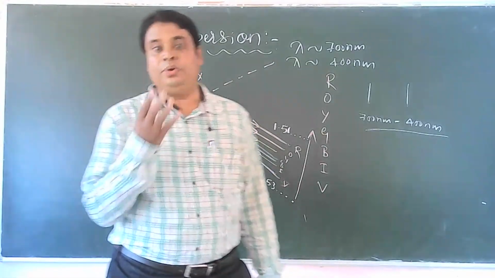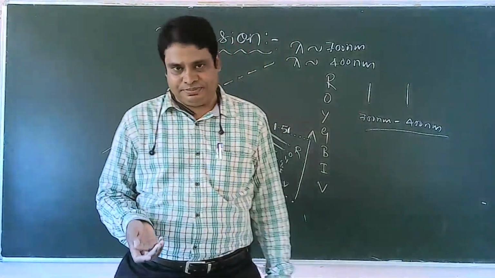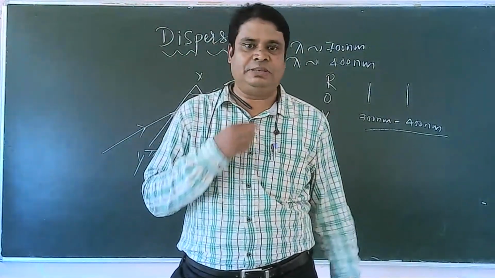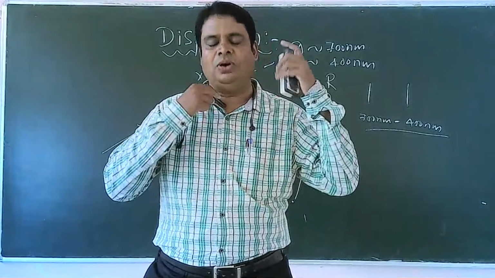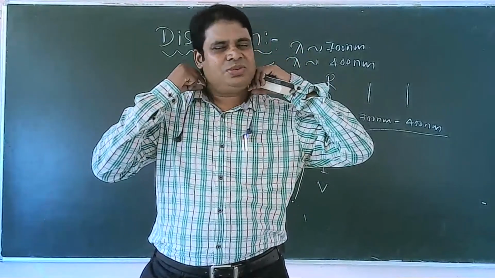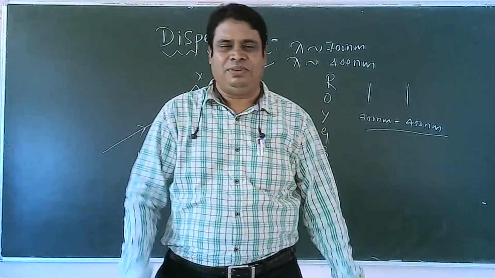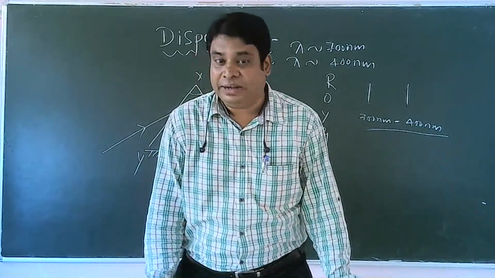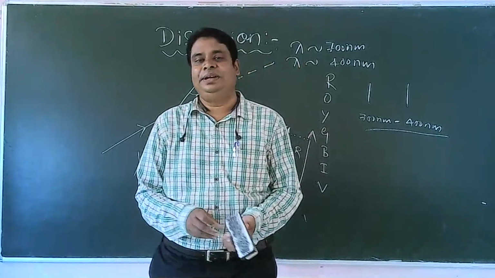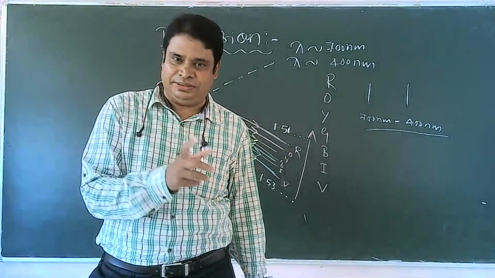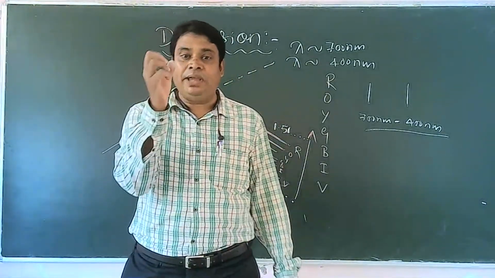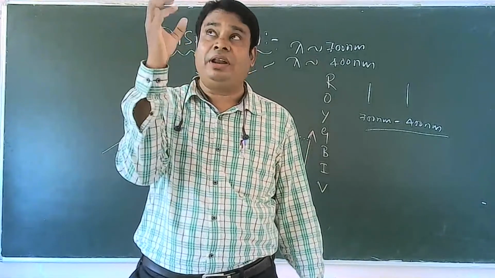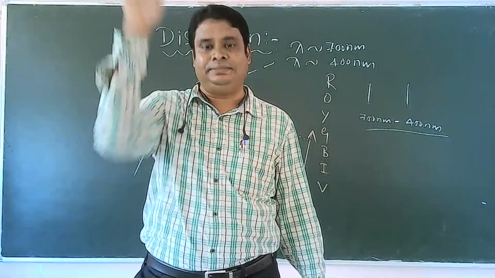What is important is where you observe this dispersion in nature. Most of us have seen a rainbow. Rainbow is due to dispersion of light in nature, by water droplets, raindrops at certain height.